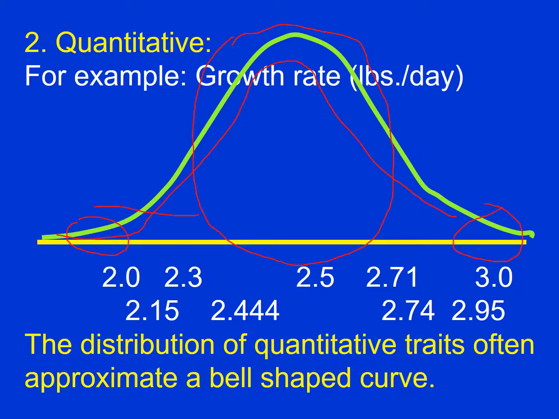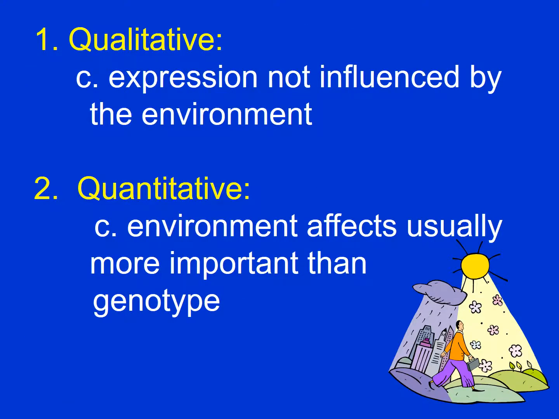So we've got this bell-shaped curve distribution, and we got an animal here, an animal here, an animal here, etc. Now this variation that we see is going to be influenced by the genetics of the animal and also the environment, which brings us to the next point.